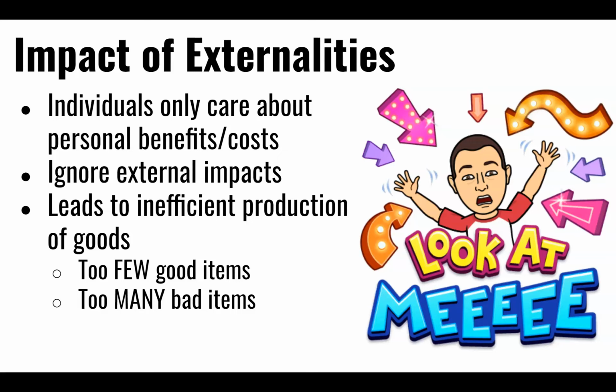This is not to say that we shouldn't produce negative things. It's just a question of how much. So something like pollution is a negative externality. It has an impact not only on myself, but on other people. But it's not to say that we should eliminate all pollution. There is some benefit to a certain amount of pollution. The ability to generate electricity with natural gas, for example, will produce a certain degree of pollution.